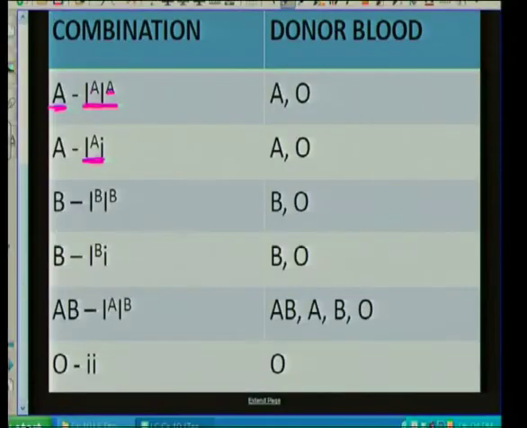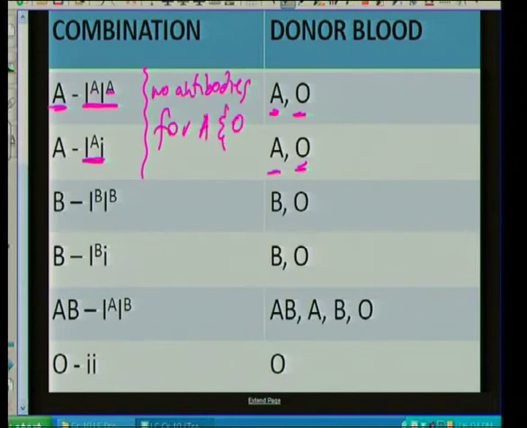Now look at the type of blood that a person with blood group A can get. He can get A and he can get O, because his body will be able to accept O blood as well as A. Why is this so? Because he has no antibodies for A and O, but he has antibodies for B blood.